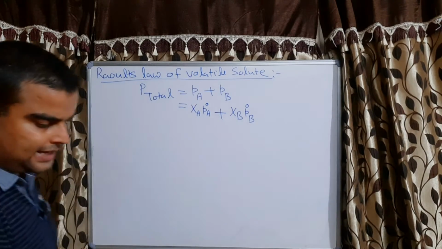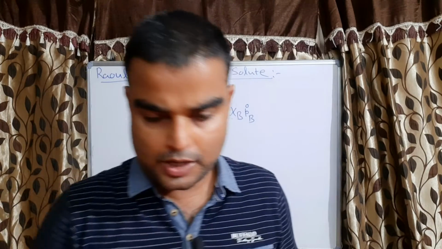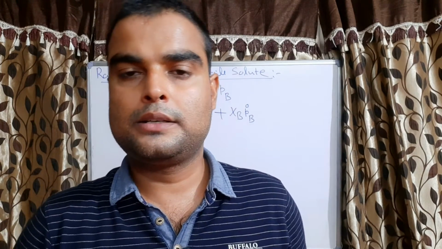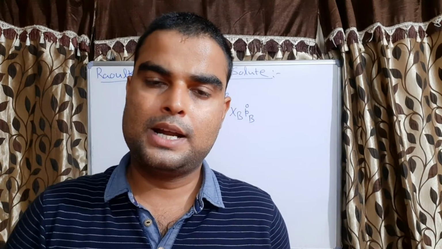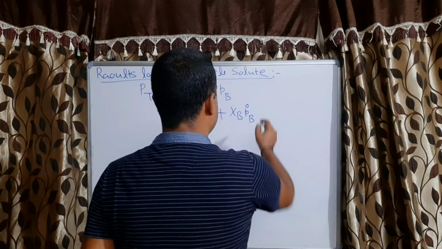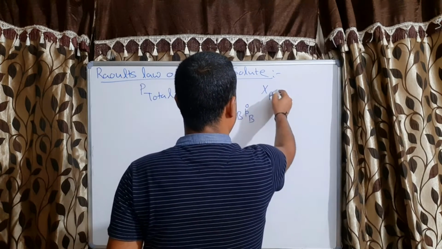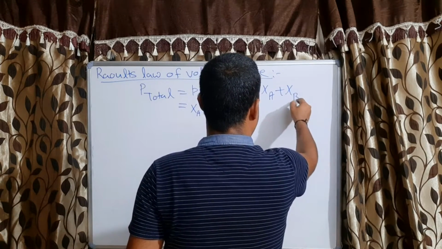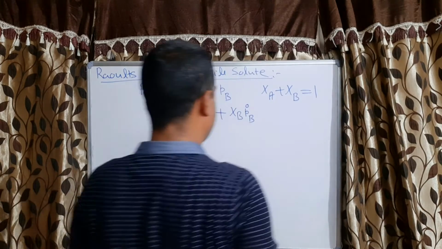Now, as I told you in the previous class, the sum of mole fractions of all the components, let it be a 2 component solution or 3 component solution or 4 component solution, is equal to 1. Since here it is 2 component, XA plus XB will be equal to 1.